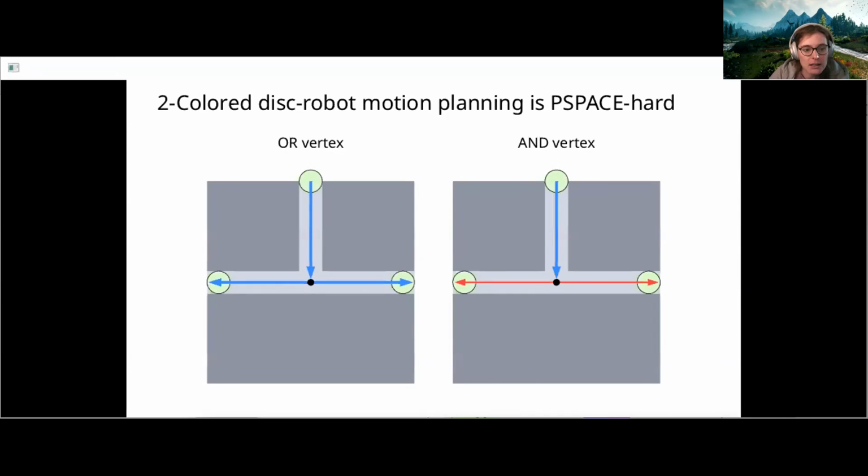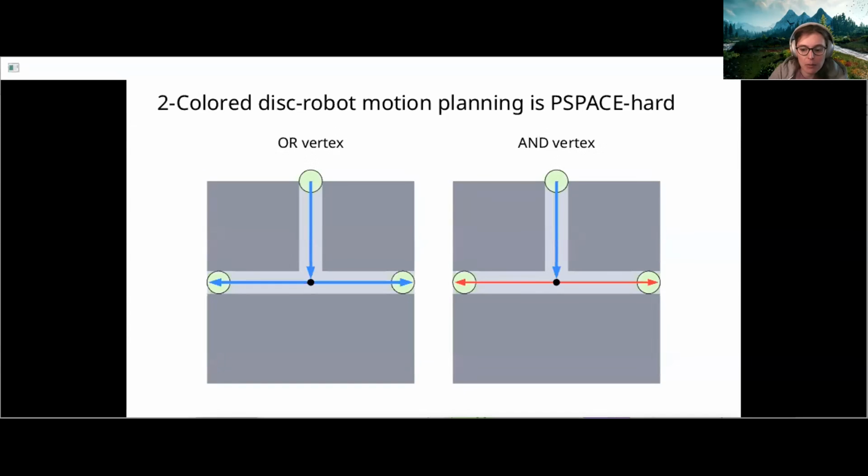I'm going to say that the directed edge is pointing inwards towards the vertex if the disk, so there will be a specific edge disk shown in green here, is sticking out halfway from the square, and the edges are pointing outwards if the disk completely fits inside the square area.